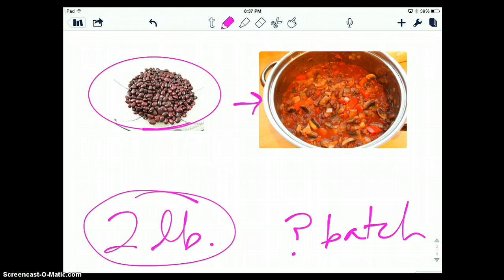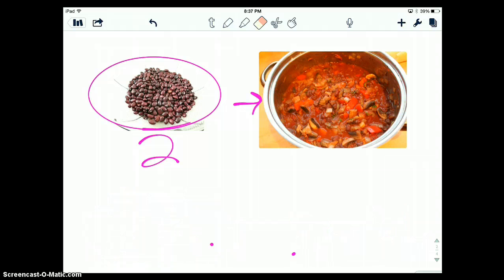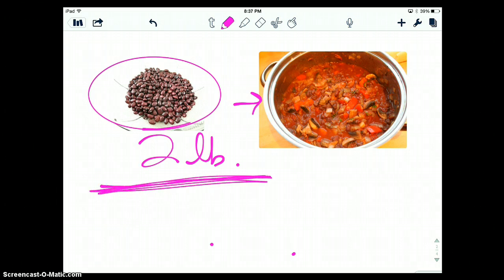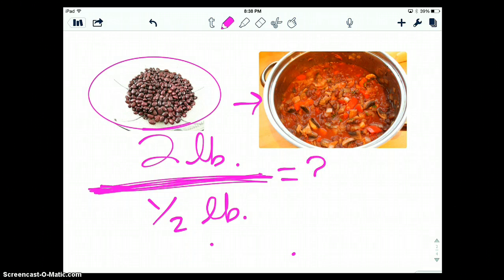So I'm going to write this out. 2 pounds of beans. And I'm going to say, okay, out of these beans, if I divide that up into groups of half pounds, I would then know how many total batches I could make.